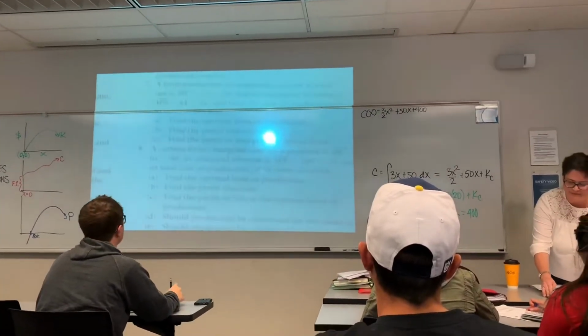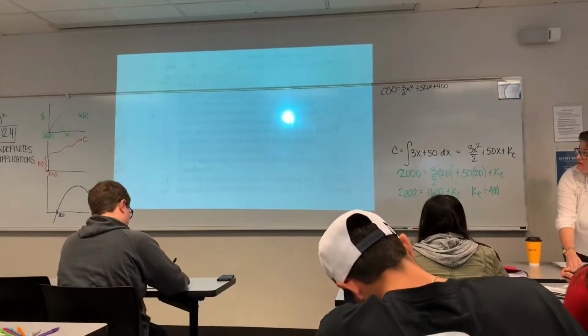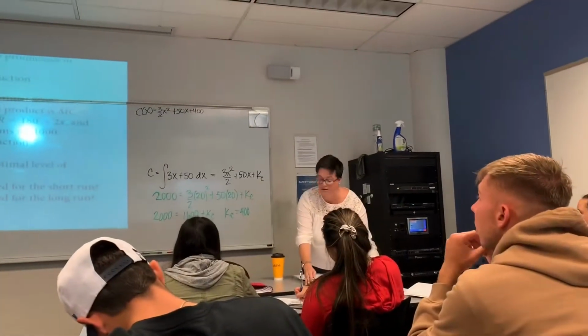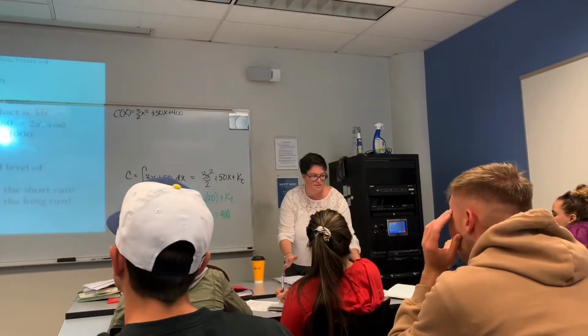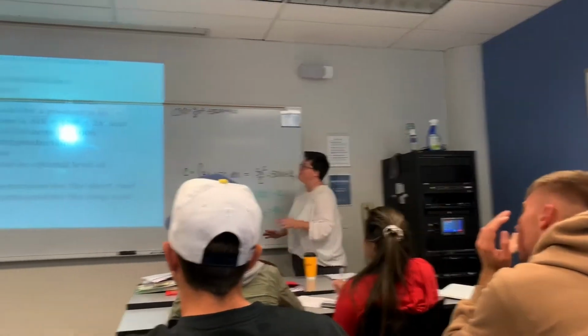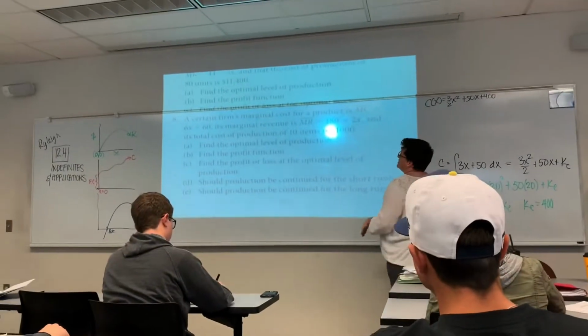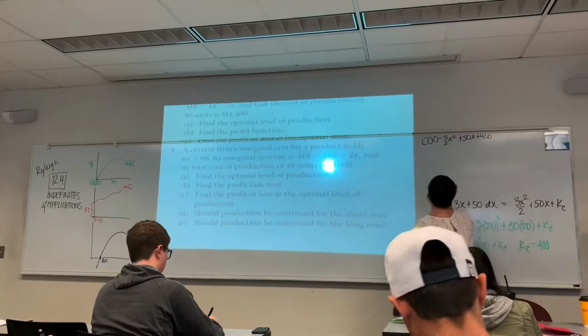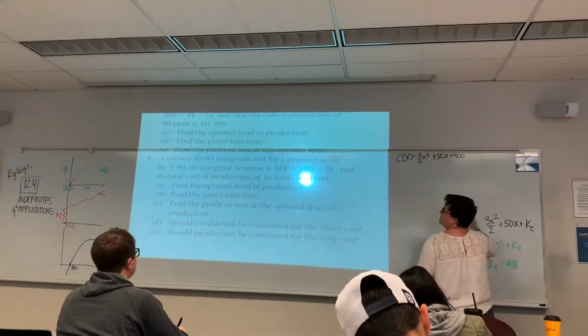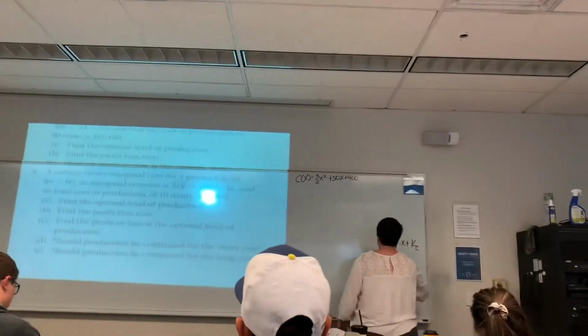Let's do number 8. All right. A certain firm's marginal cost for a product is given, and its marginal revenue is given.